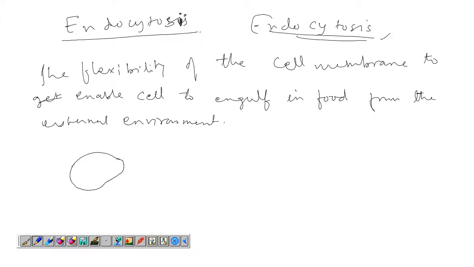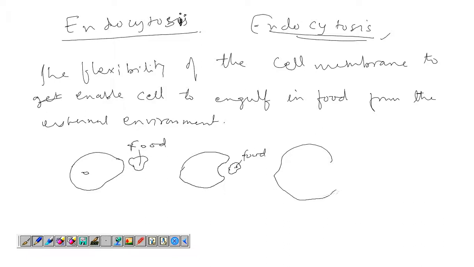Suppose this is an amoeba, a unicellular organism, and if it finds food here, this is its food. It wants to get this food. The cell membrane is so flexible that it can change the shape of its body, and finally it tries to engulf the food.